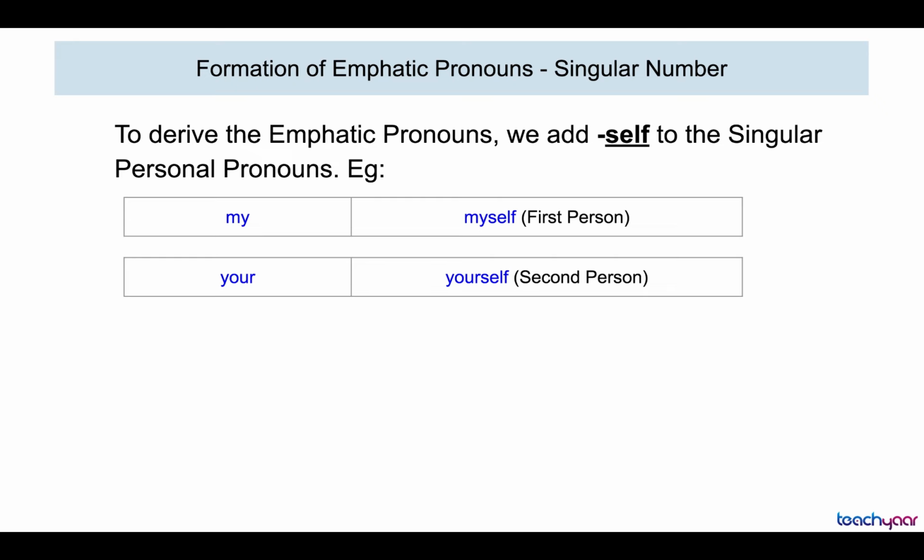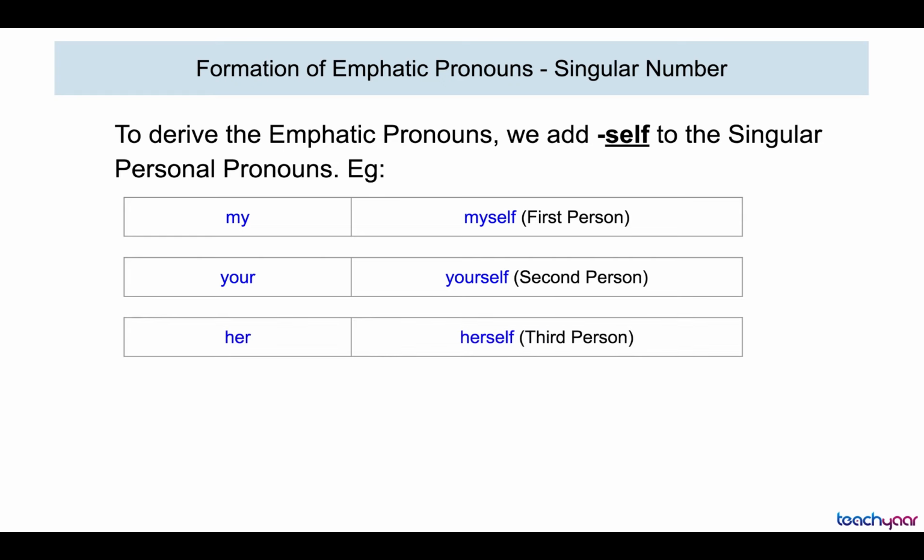Second person, we have your as the personal pronoun. We add self, so we get yourself, which is also in the second person. Third person, if it is feminine gender, we have her as the personal pronoun. After adding self, we get herself.